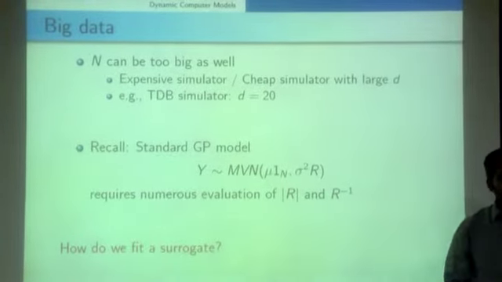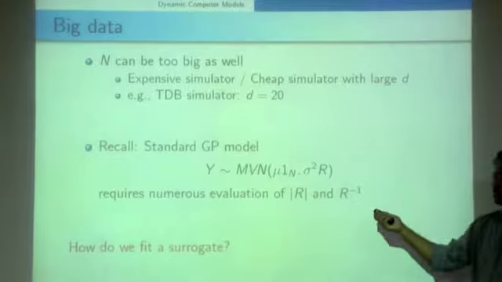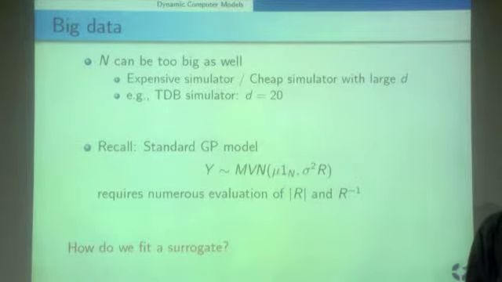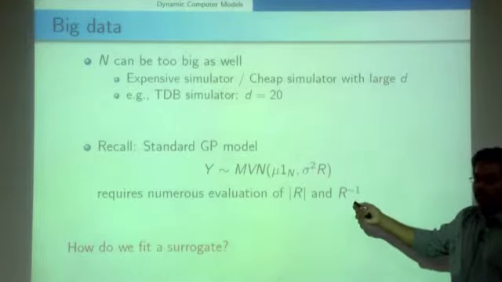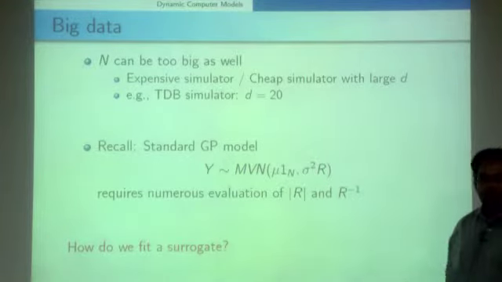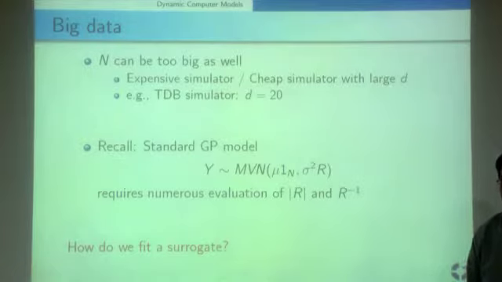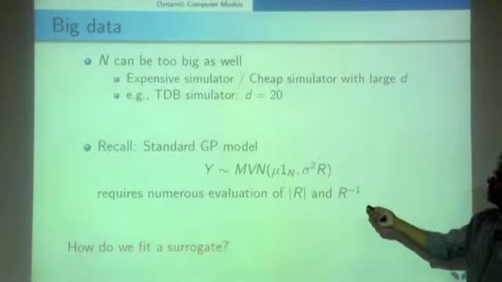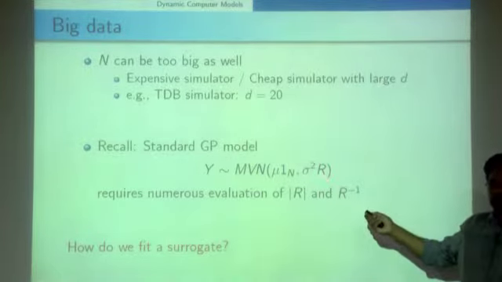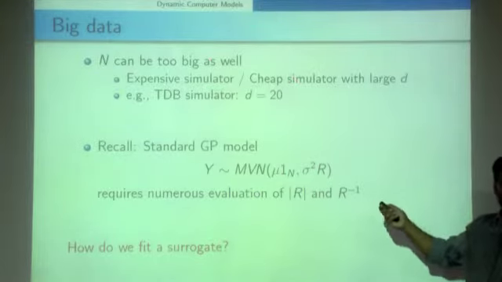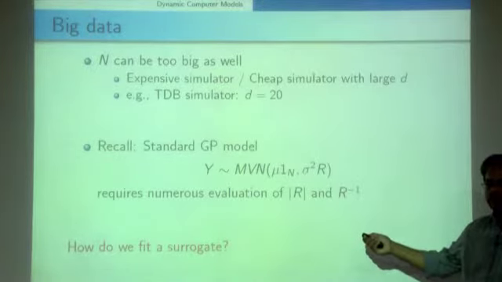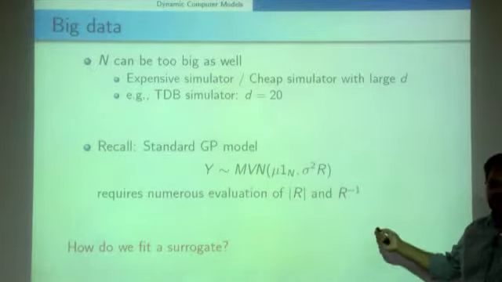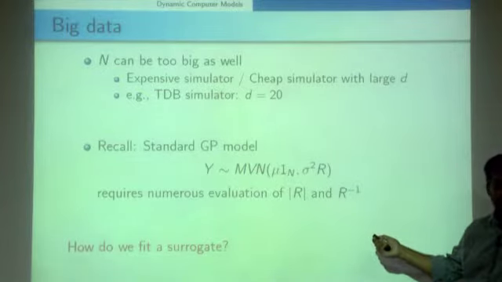Now, the multivariate density function involves the determinant of this matrix R and also the inverse of this matrix R. This matrix will be an n by n matrix. If we have a large data set, let's say 1,000 or 10,000, then we are trying to compute the determinant of a 10,000 by 10,000 matrix and an inverse of a 10,000 by 10,000 matrix.